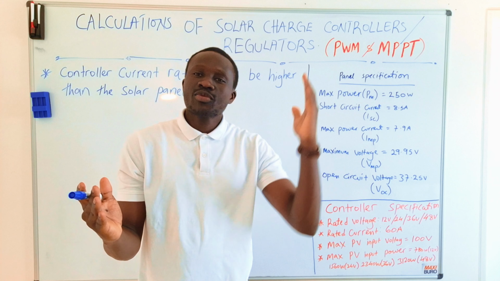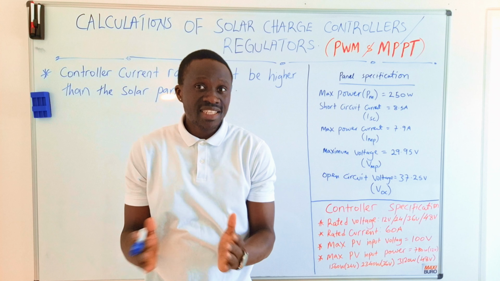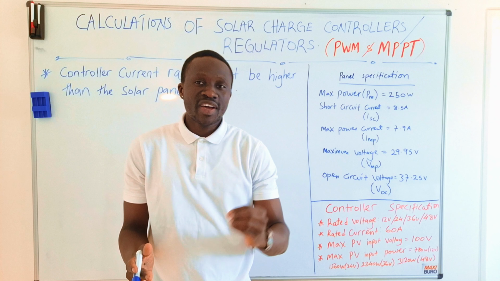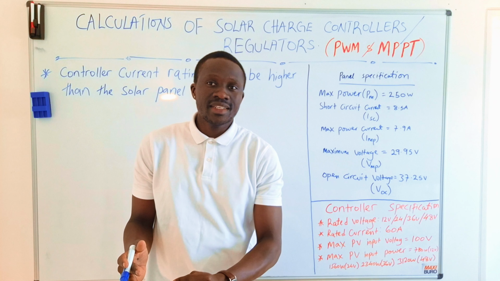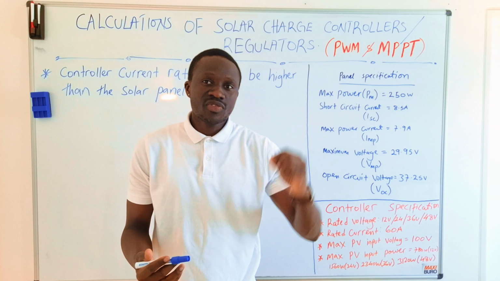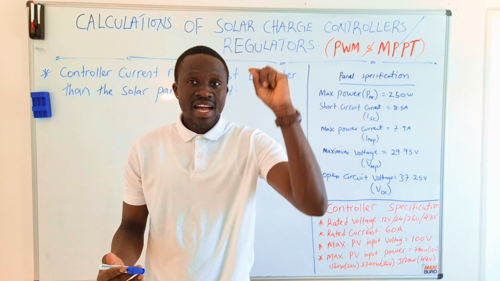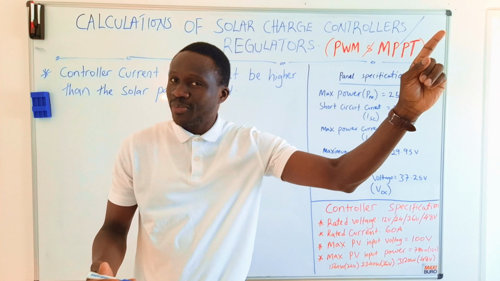When the solar panel current is higher than the charge controller's, that is undersizing of the charge controller, and you'll find that the charge controller will burn or get damaged because of the high current from the panel.